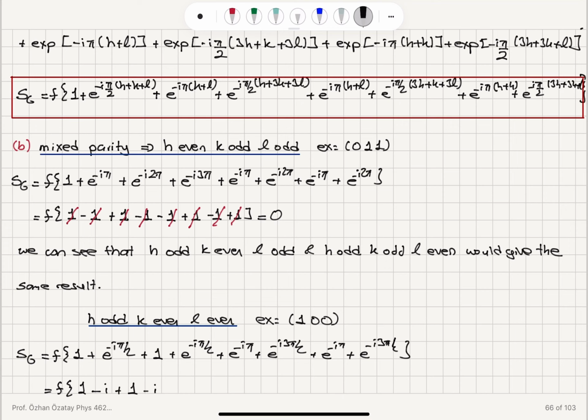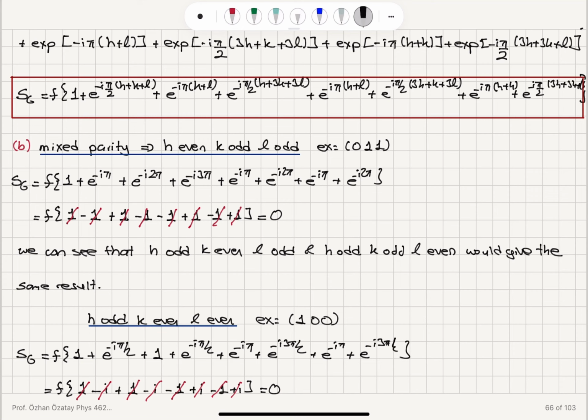Then we have e to the minus i pi: cosine pi minus i sine pi, that is minus 1. e to the minus i 3 pi over 2: cosine 3 pi over 2 is 0, minus i sine 3 pi over 2 gives us a plus i, and minus 1 plus i again. So if I look at these in pairs, I see that this plus 1 and minus 1 cancel, plus 1 and minus 1 cancel, minus i plus i, minus i plus i. I'm left with 0 again.